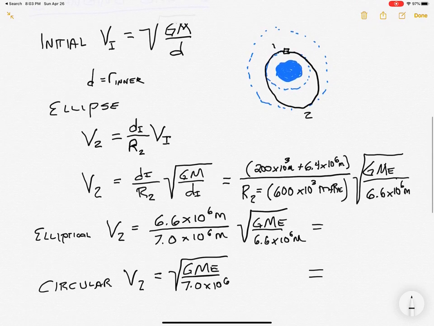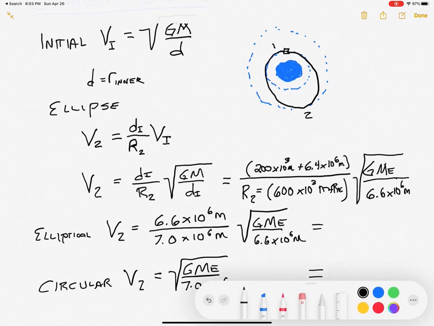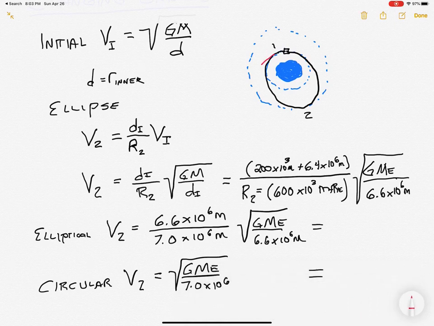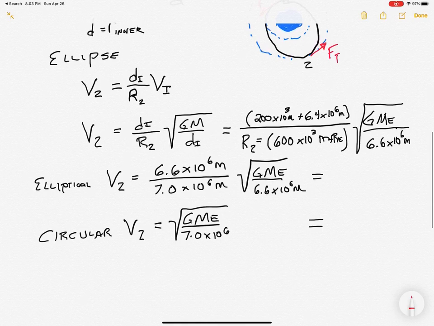If in our elliptical orbit we were to put some work in there, apply a thrust, when we reach the outermost point, we fire our engines in the same direction. See if you can figure out why that is the case based on these two speeds.